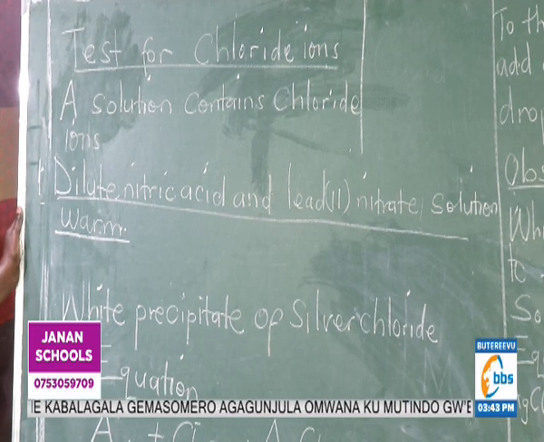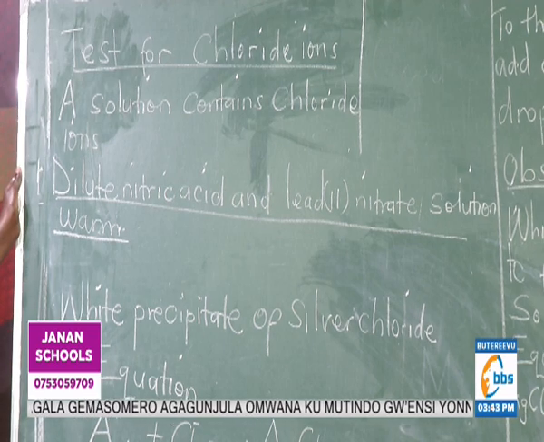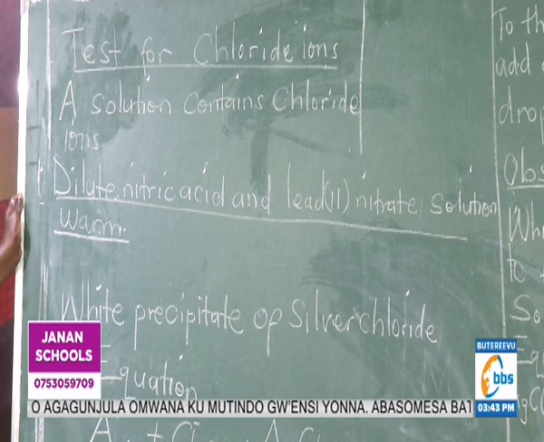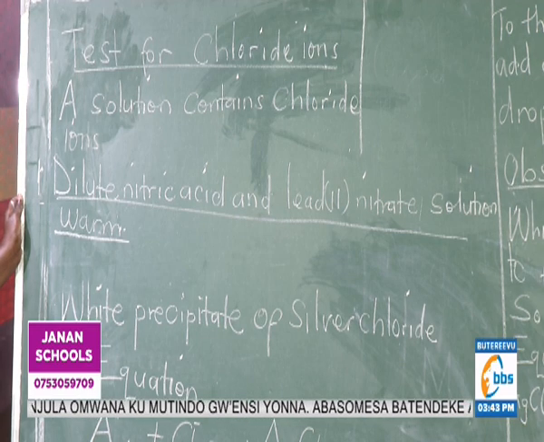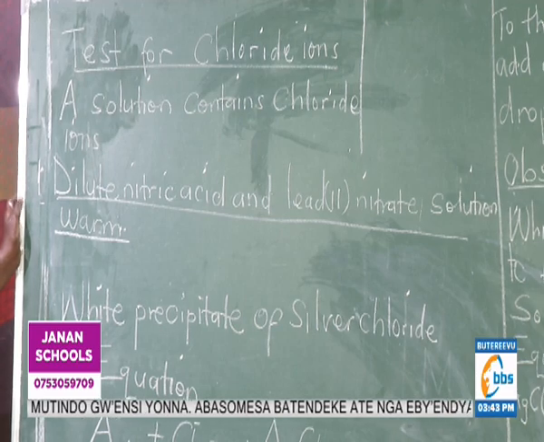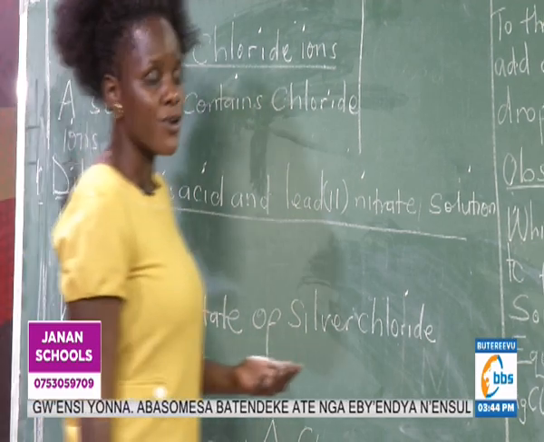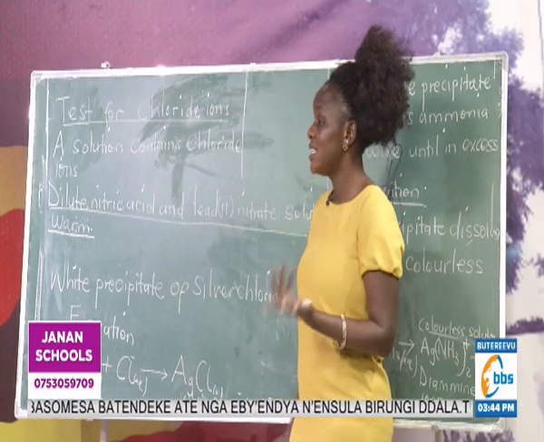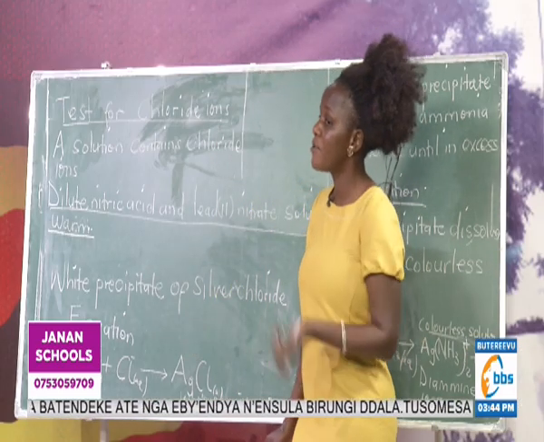Okay? To a solution that contains chloride ions, what do you observe? You observe a white precipitate of lead 2 chloride, which dissolves to form a colorless solution on warming. Because lead 2 chloride is insoluble. But when you warm it, it dissolves. Therefore, you'll form a white precipitate.